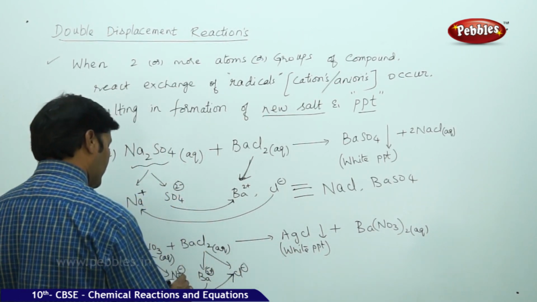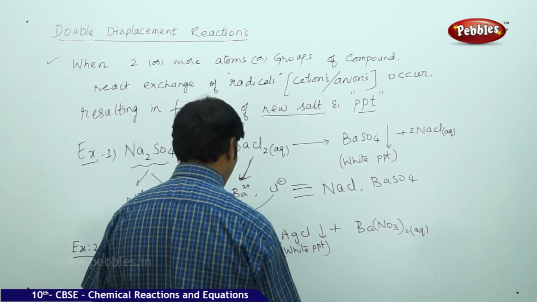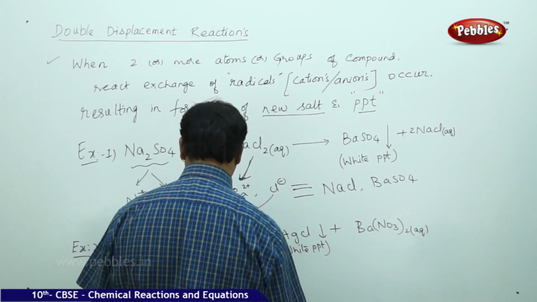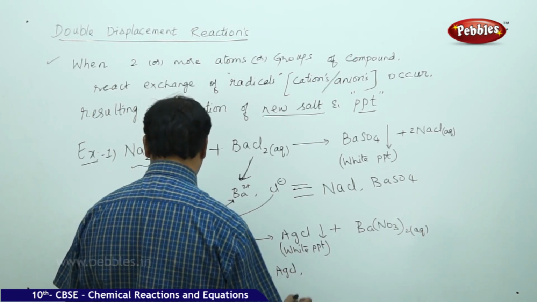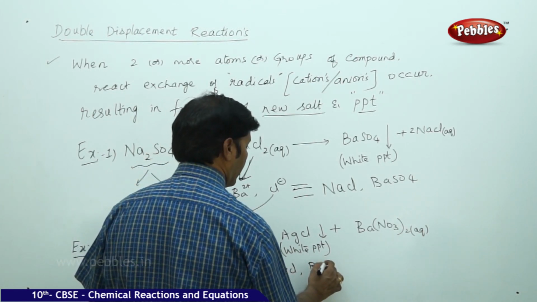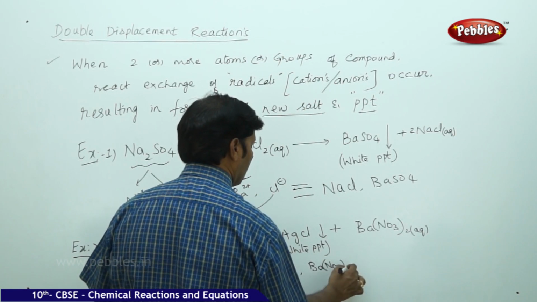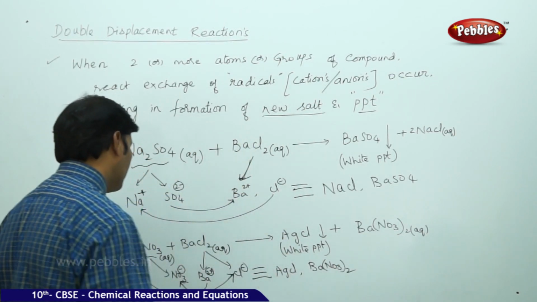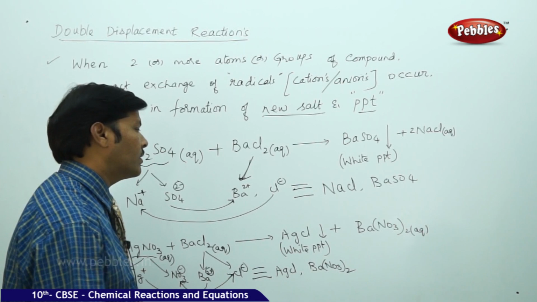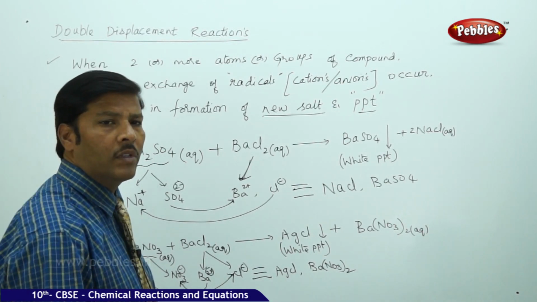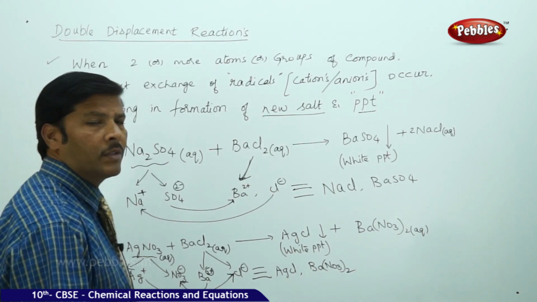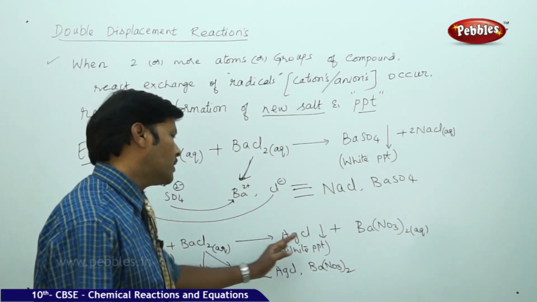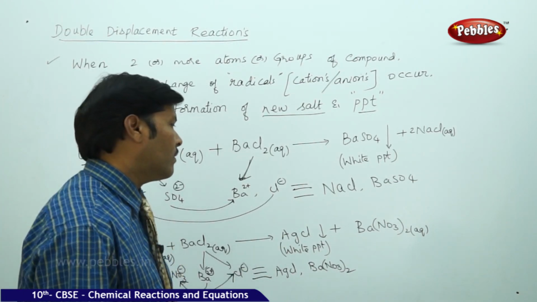So this is the kind of exchange taking place, and therefore here we get two compounds. One is silver chloride, and the other is barium nitrate. Exchange of ions is taking place. In this way we can study displacement reactions, wherein the exchange of radicals takes place between the reactant molecules, such that one precipitate and one new salt is formed.